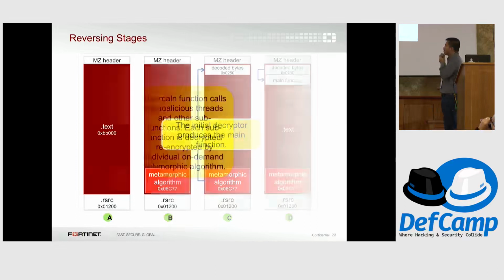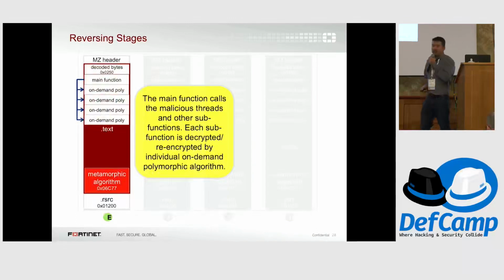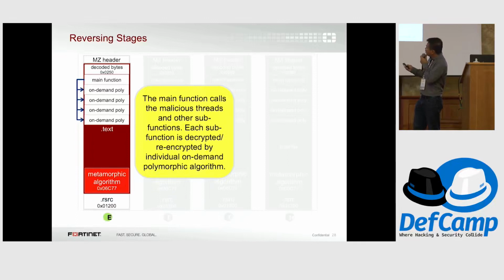you get the main function. You get the main function, and now you get the on-demand polymorphic. Why is it called on-demand polymorphic? The boxes here are different functions. If you want to execute this part, it will be decrypted. Once that particular code is decrypted and executed, it will be encrypted with a different key.